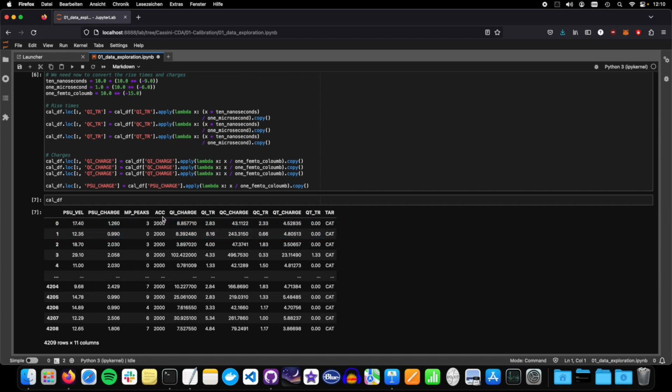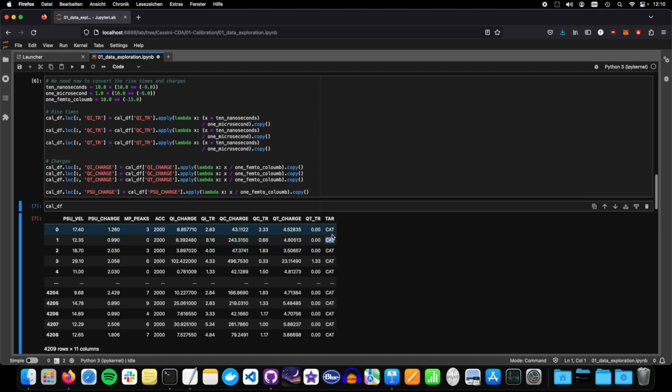We have the acceleration speed in kilovolt, the charge and rise time of the corresponding CDA channels, given here in femtocoulomb, and here we have it in microseconds, for all the channels, and then we have the target at the very end. So this is now our final data frame, and we can work now with it and take a look what's in there.